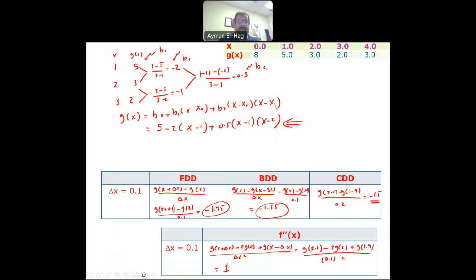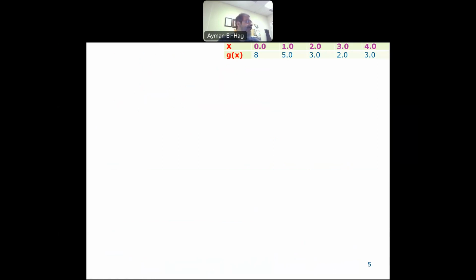Now we move forward and we find the third order polynomial. So basically we will have here a third order polynomial. Our X's now will include the 0, so we have 0, 1, 2, 3. And then we have G of X, which is 8, 5, 3, and 2. Now we will move on. 5 minus 8 divided by 1 minus 0.